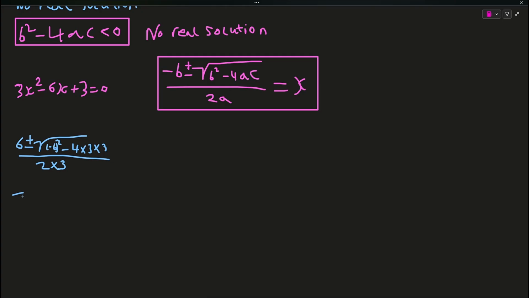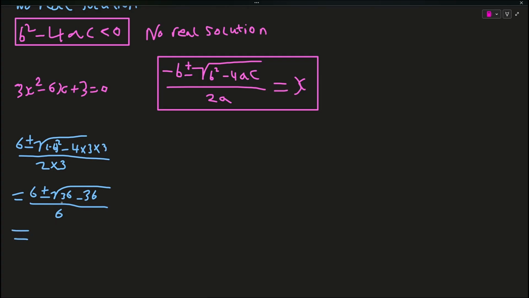So calculating that, we got 6 plus minus the square root of minus 6 squared, which is 36, minus 3 times 3 is 9, times 4 is 36, and 2 times 3 is 6.